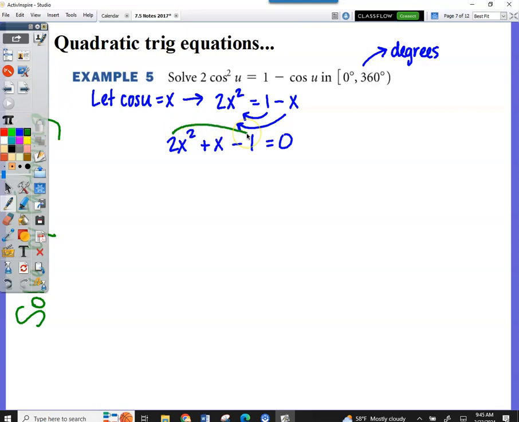So we got factors of -2 that add to 1. Well, 2 and -1. There you go. All right, and if you remember the shortcut on factoring, the parentheses method, it's AX and then the number, AX and then the number.